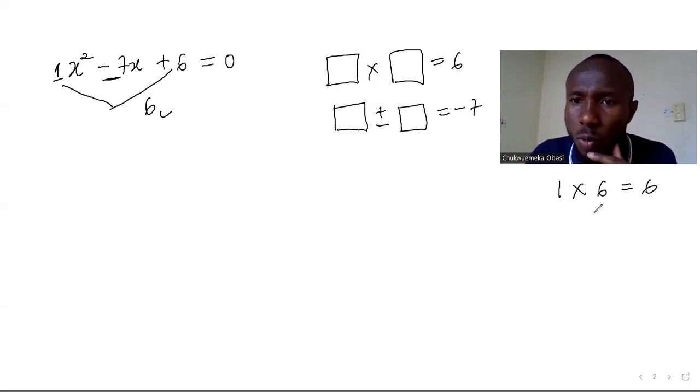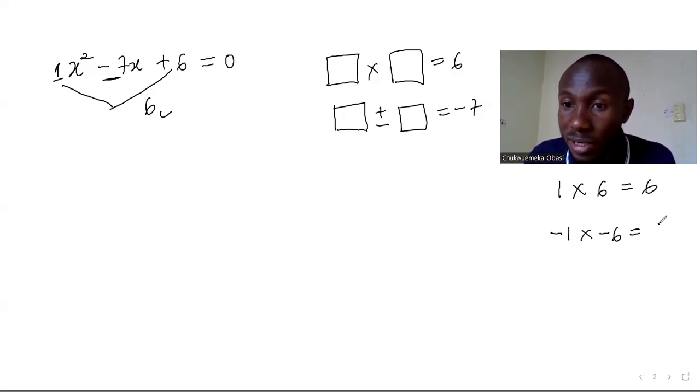So we need to change the sign of 1 and 6, because minus 1 times minus 6 will still give me positive 6, and minus 1 minus 6 will give me a negative 7. So the two numbers I'm looking for are minus 1 and minus 6. You get it now? So you see the way I got my two numbers, right?